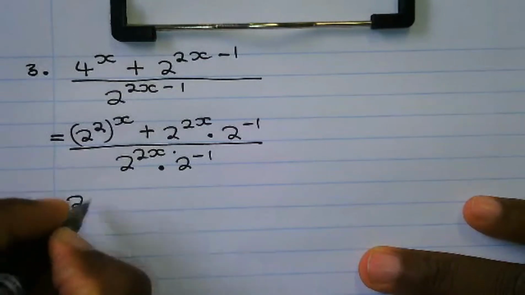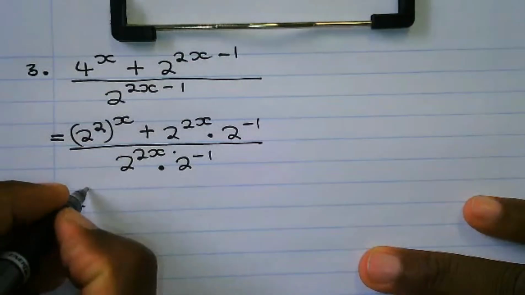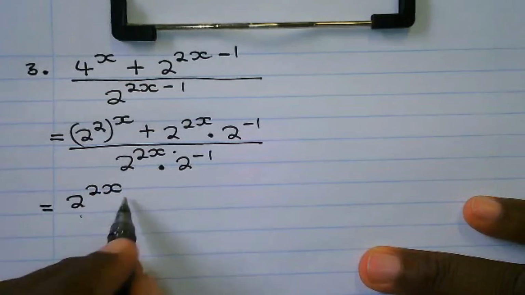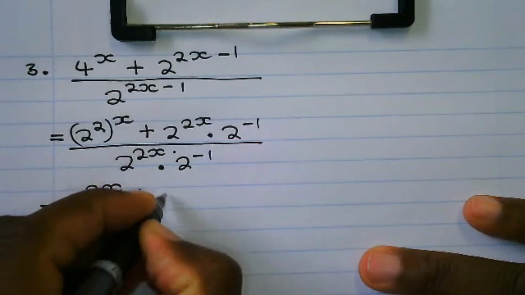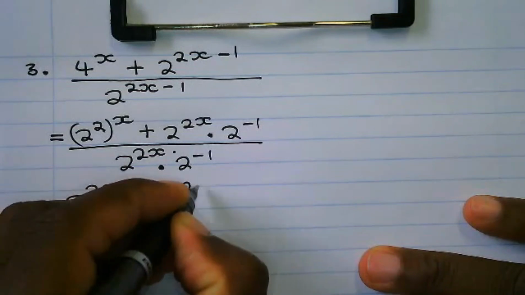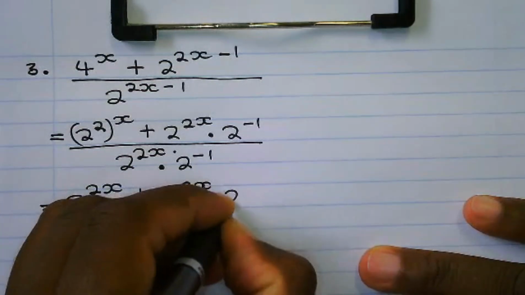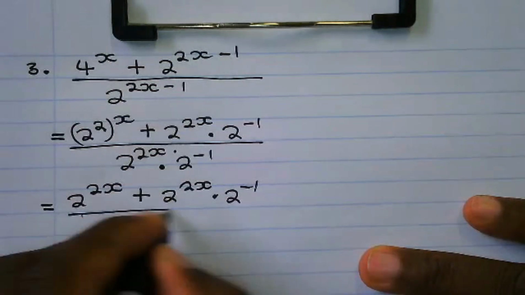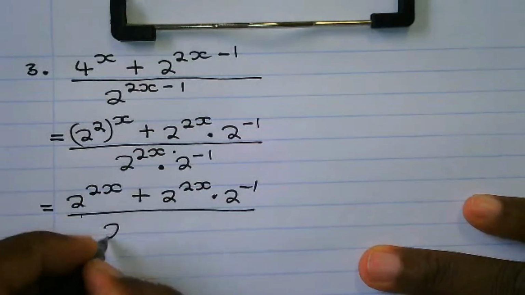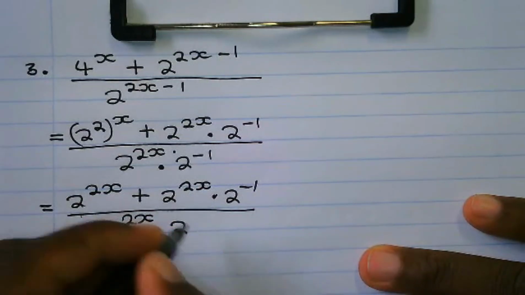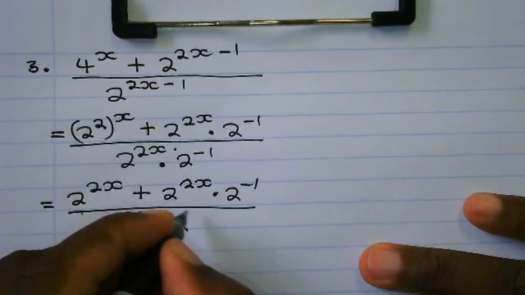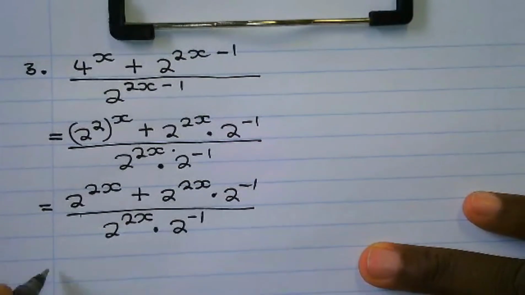And then this is 2 to the 2x plus 2 raised to 2x to the negative 1, over 2 to the 2x to the negative 1.